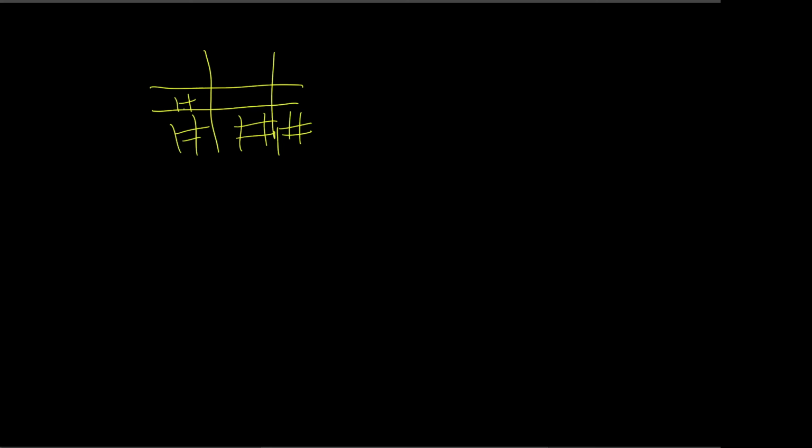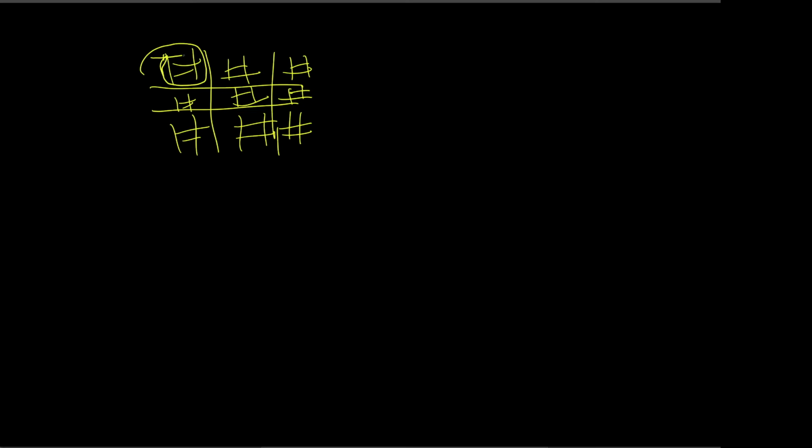A bunch of little tic-tac-toe grids, to say that these are divided 3 by 3 by 3. And so each one of these is filled with the numbers 1 through 9.